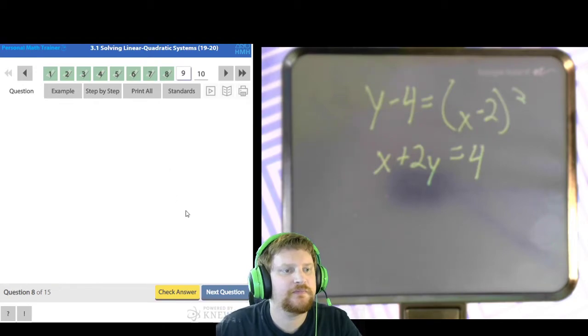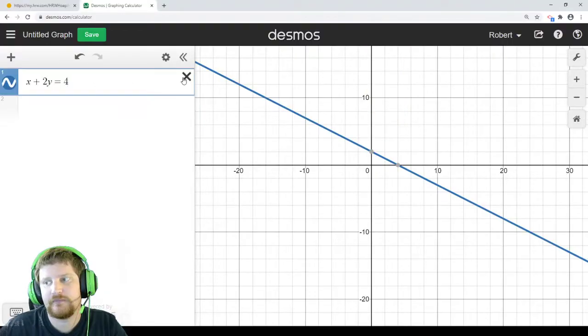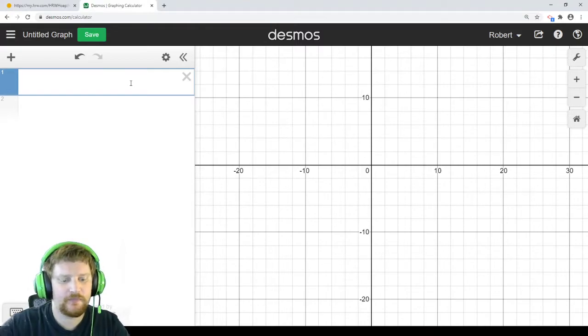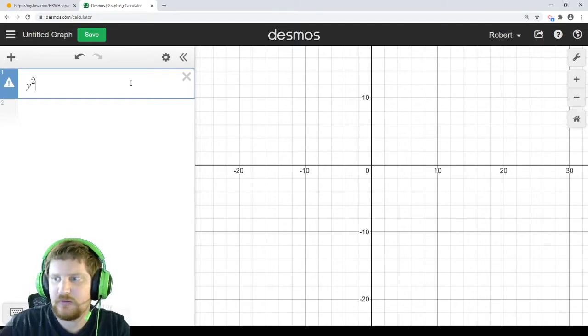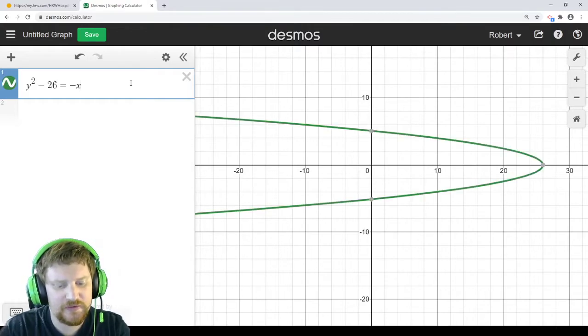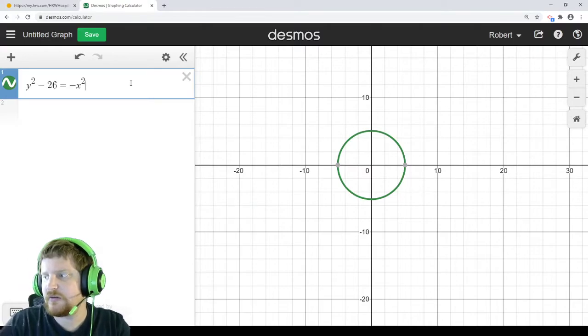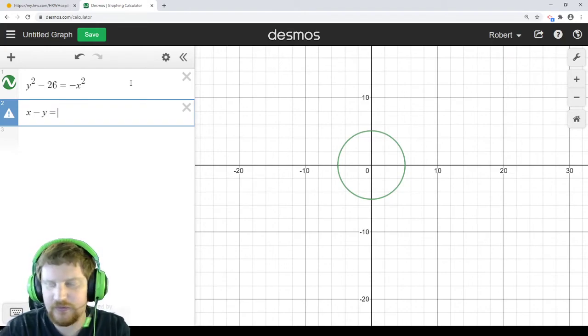Number 9. Once again, it's exactly the same basic thing, so we just need to go back to Desmos again. And we get y squared minus 26 equals negative x squared. Another circle, x minus y equals 6.